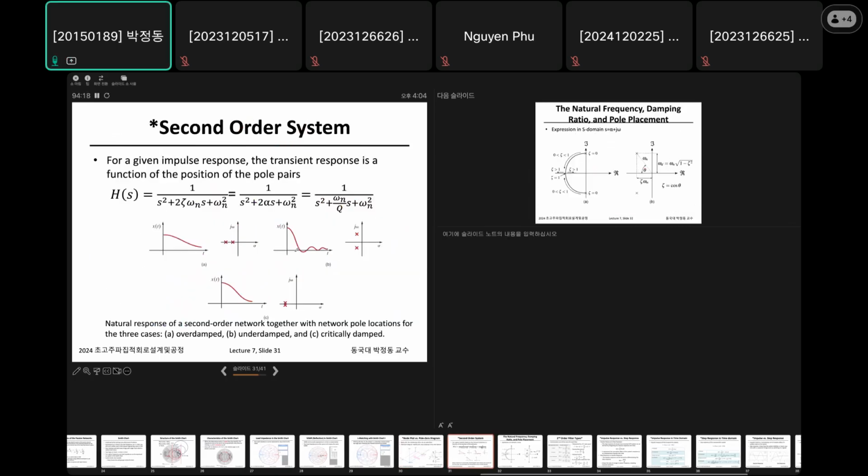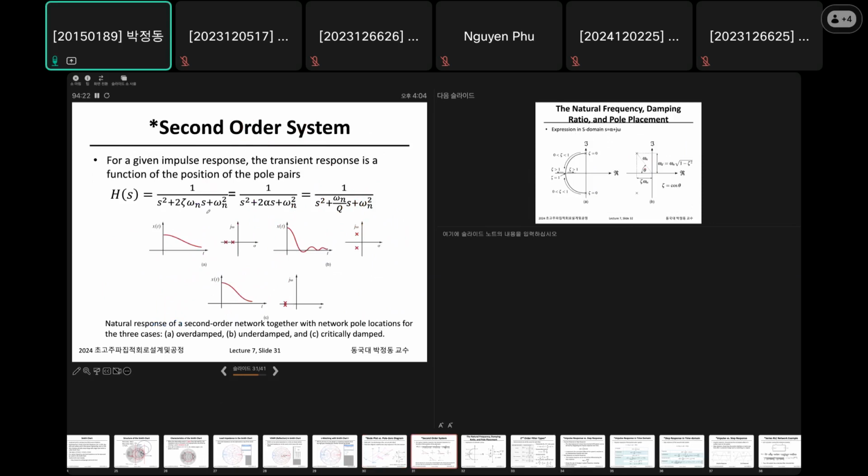For the second order system, you typically express it this way, right? Here, this omega n is actually alpha, and Q is actually related to this line. So you may express it like this. From the pole-zero diagram, if both poles are aligned like this, then this is overdamped. There is no oscillation at all.